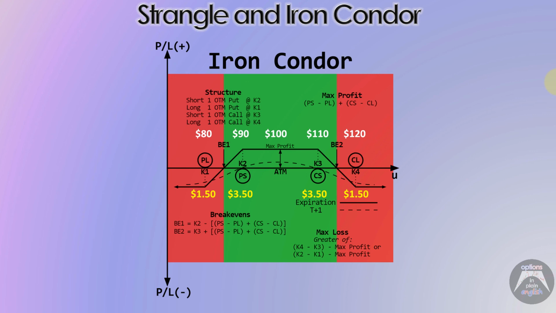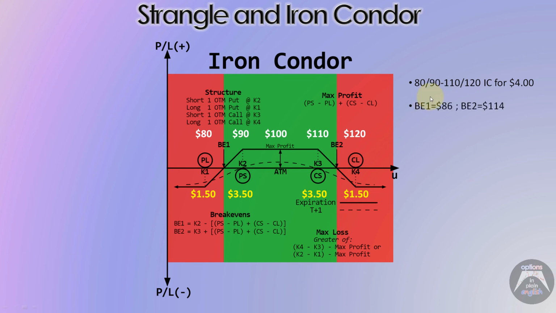So the position that you have is the 80-90, 110-120 iron condor for $4. $2 from the 3.50 minus 1.50 on this side, and another $2 from the 3.50 minus 1.50 on this side. So altogether $4.